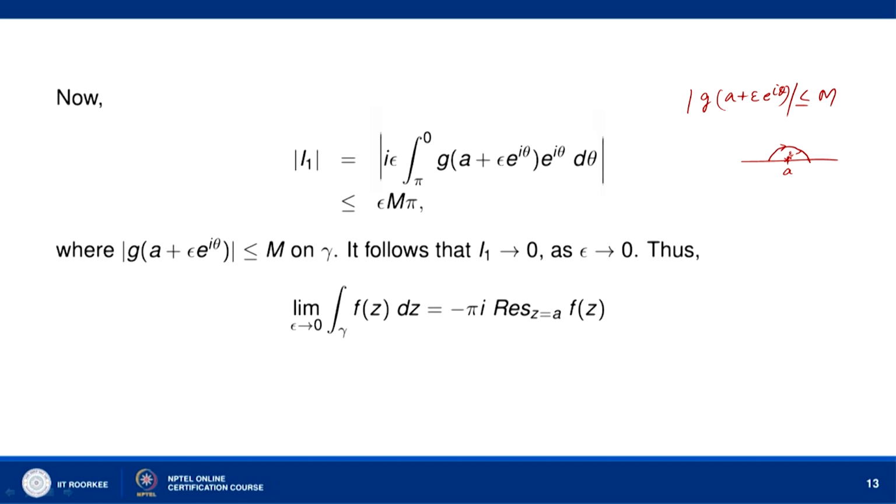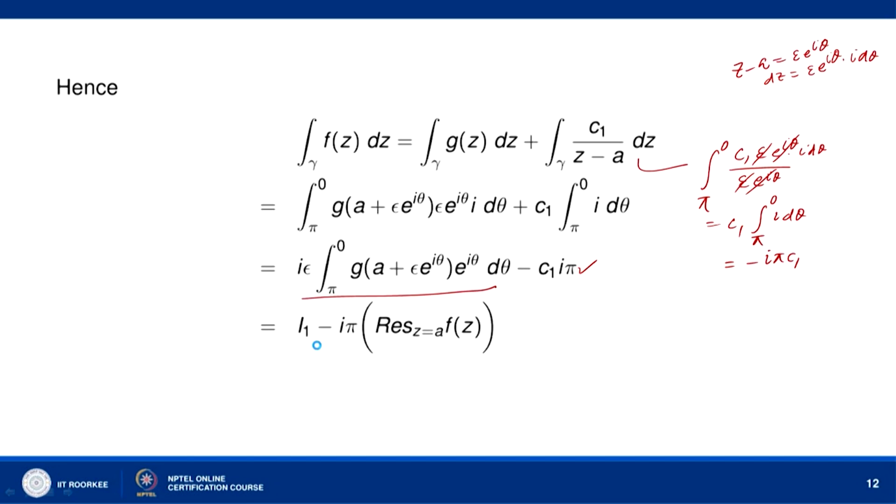So, in some neighborhood of z equal to a, this function is continuous, and therefore on this gamma we can write that mod of g(a plus epsilon e^(i theta)) is less than or equal to M. So, it is bounded in that neighborhood. And now, we have this epsilon here, and then M for this, and then the modulus of e to the power i theta will be 1, and the integral from pi to 0 of d theta will be minus pi, mod of that will be pi. So, we have epsilon M pi, and so when epsilon goes to 0, I1 goes to 0.